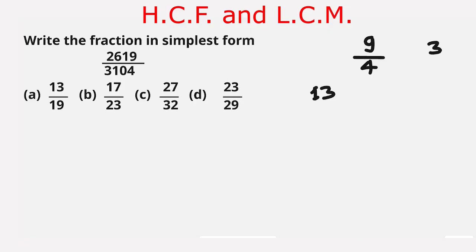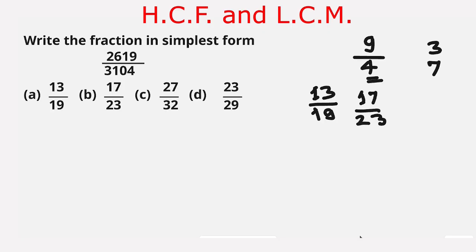Now 13 upon 19, if we multiply this 3 by 9, then we get 7 and we are not getting 4. So 13 upon 19 is not possible. Similarly, option D 23 upon 29 is also not possible. Now we take the option B, which is 17 upon 23. Now 7 times 7 is 9.